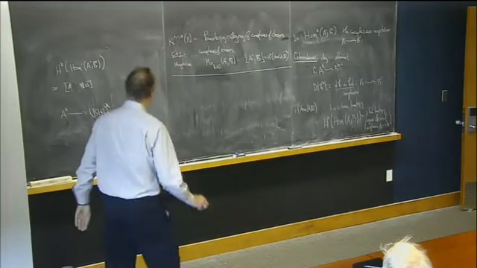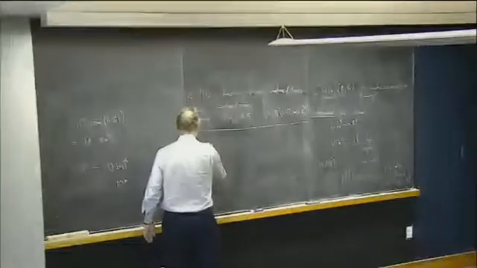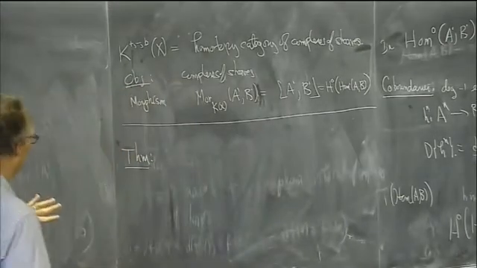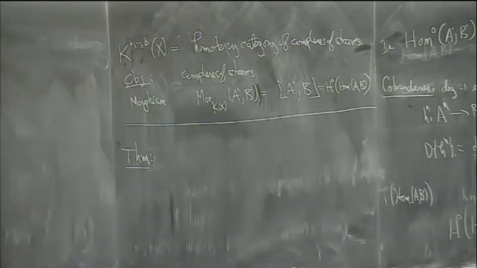So the first theorem: I'm going to state and sketch proofs of several theorems about complexes of sheaves. Each one of these I've already proved for an individual sheaf, but I haven't proved for a complex of sheaves.